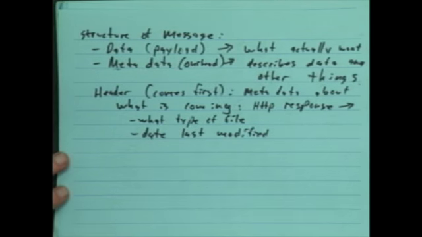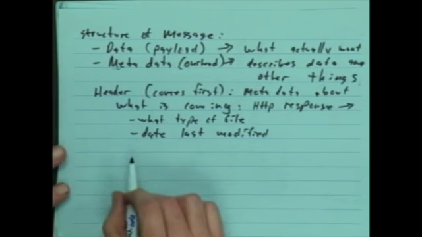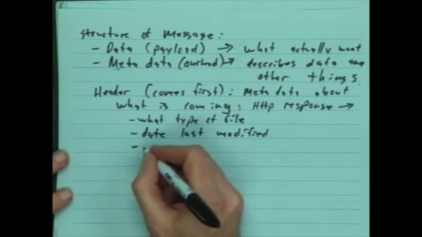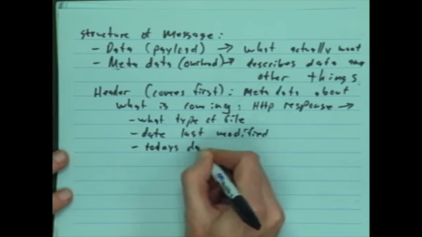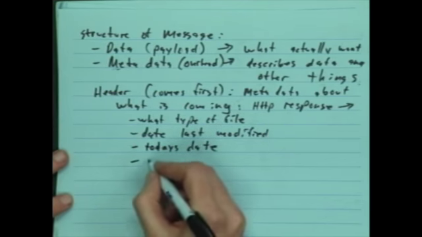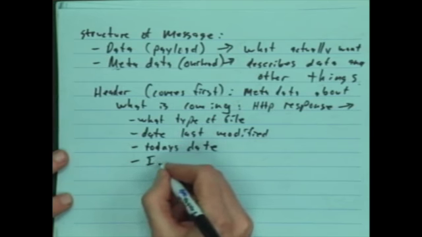Most of that's crazy stuff. So the type of file, the date it was last modified. They might do today's date. And they will actually sometimes identify the server.